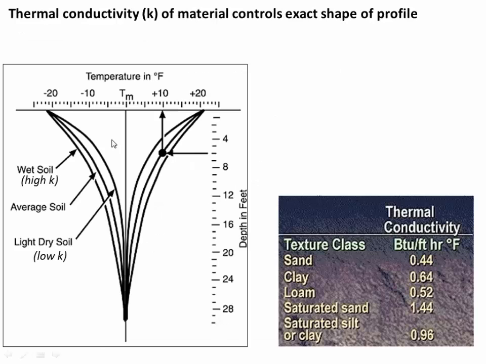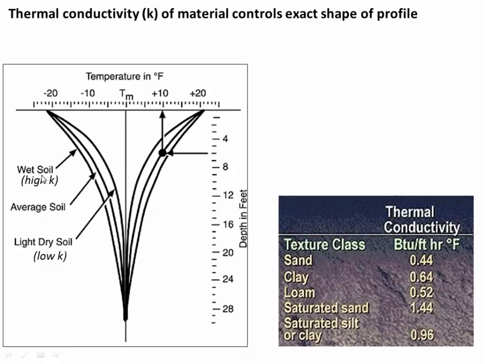Now you'll also notice that these profiles aren't the same shape. They're a little bit different in shape. And that depends on the material that they're made of. So notice that the wet soil actually is a little bit colder at a given depth below the surface than the dry soil. So the wet soil is a little bit colder at 8 feet than the dry soil is.